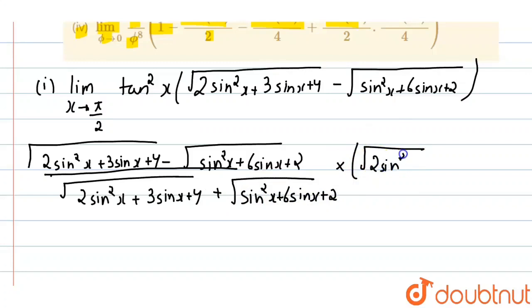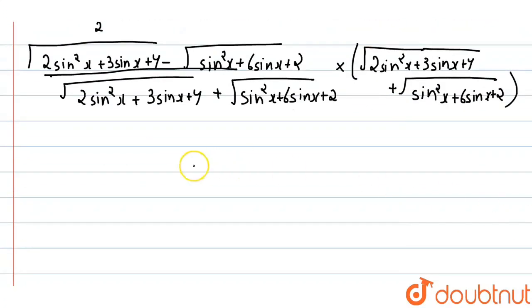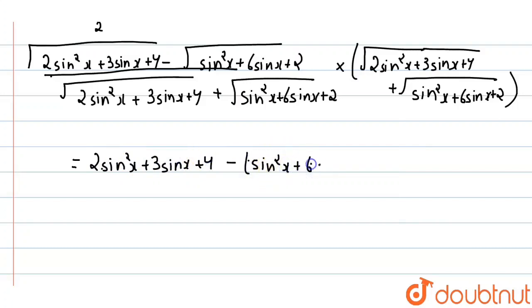On solving, in the numerator we get a squared minus b squared, so we can write it as 2 sin squared x plus 3 sin x plus 4 minus sin squared x plus 6 sin x plus 2, using the a squared minus b squared formula.